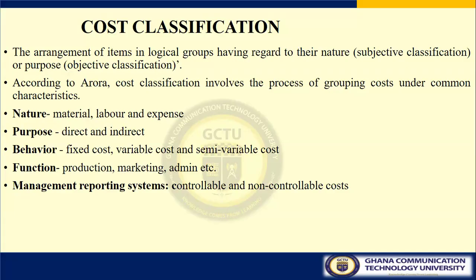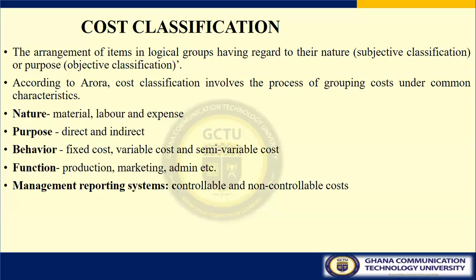Hello, sir. I want to ask a question in relation to that. Assuming we classify rent as a fixed cost, and the level of activity increases and our rent at some point goes up, let's say rent for storage capacity, and as we produce in larger quantity the rent increases. In that situation, is the rent a fixed cost or a variable cost?